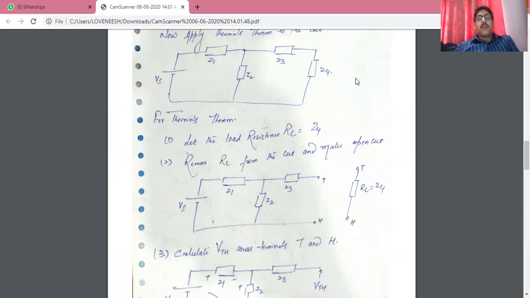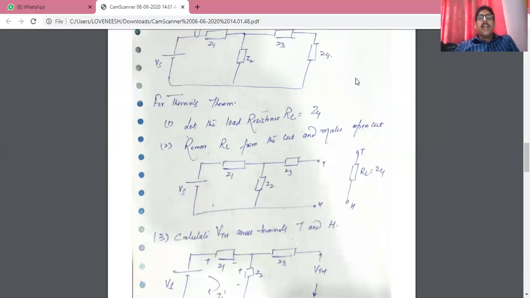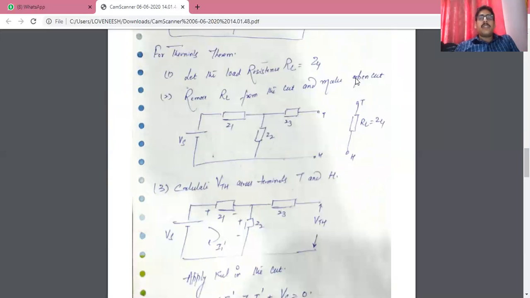Now we have to calculate the voltage across these open terminals. You see there is no current flowing through Z3 because it is an open circuit. And we all know in a parallel circuit, the voltage remains the same. That means if I calculate the voltage across Z2, that will be the same voltage across Z4. Now, for calculating the voltage across Z2, we have to calculate the current through Z2.